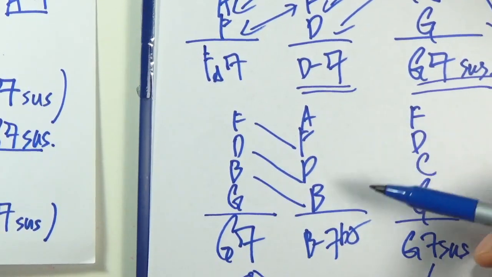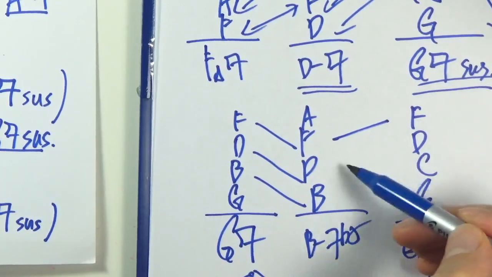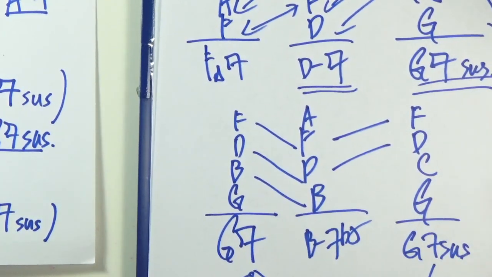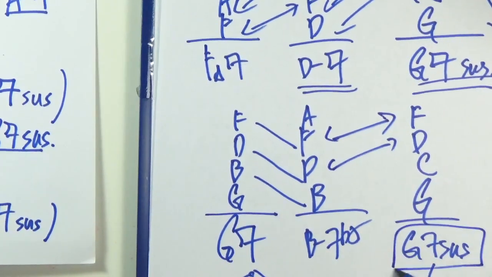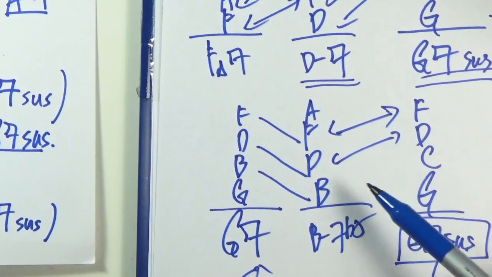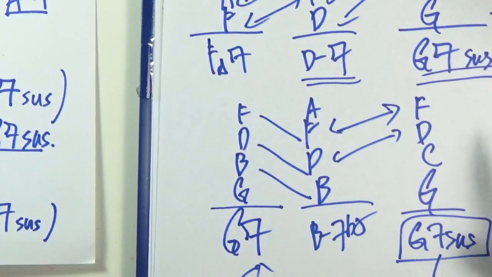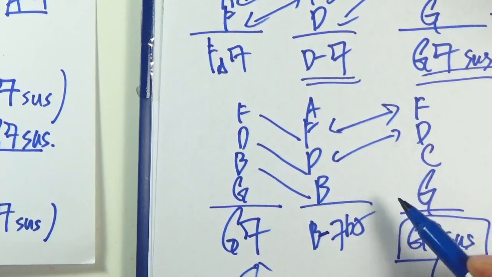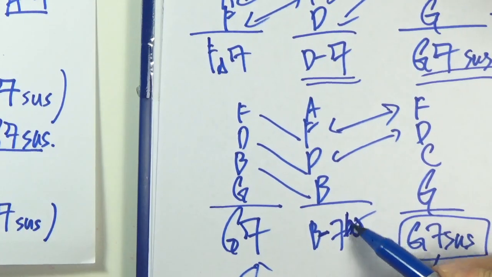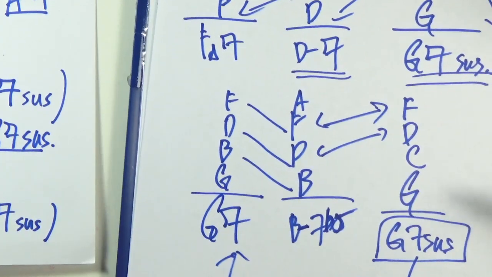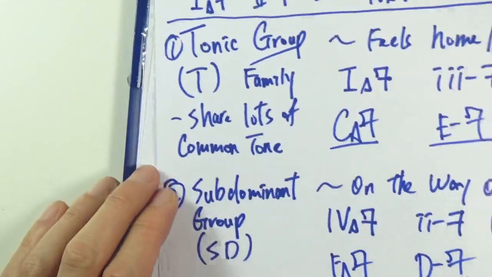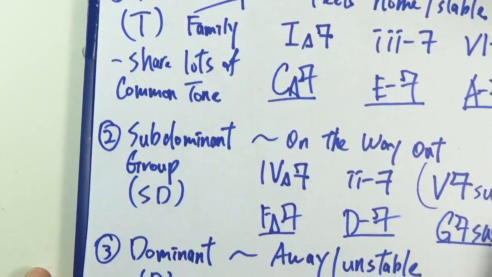And if you take a look at the B minor 7 flat 5, we have at least 2 chord tones in this case. And usually, when we use the G7 sus, we resolve that to G7. So that would just make the B minor 7 flat 5 chord sound like it has a lot in common with the G7 sus, okay? So that's the 3 main diatonic chord groups.